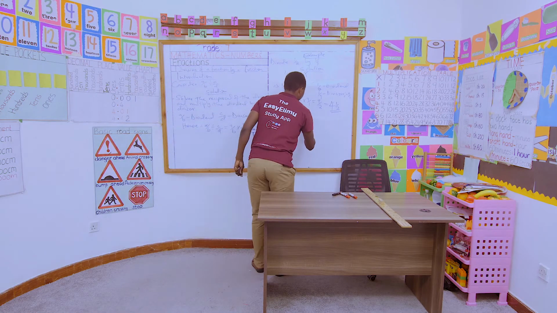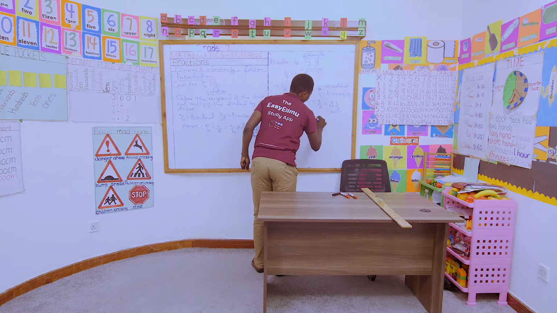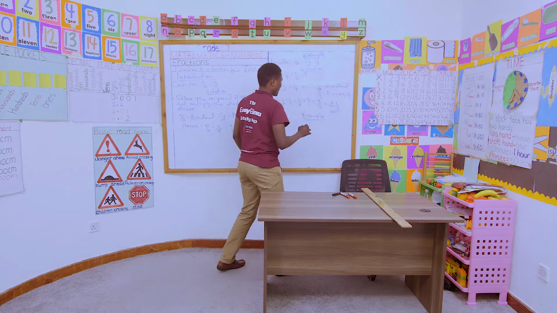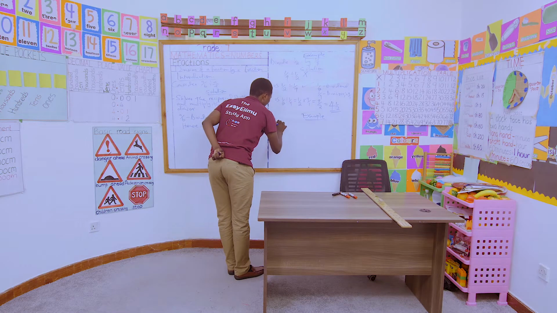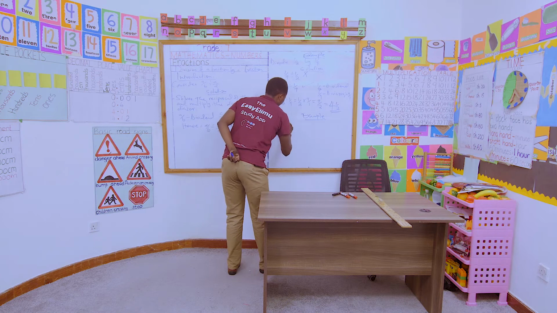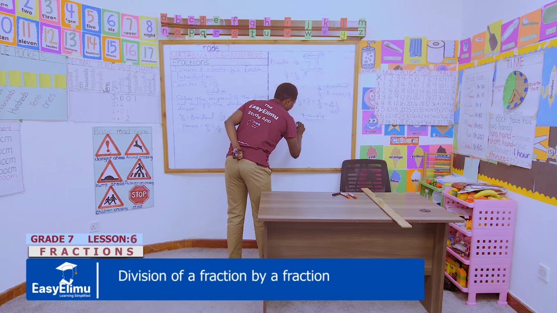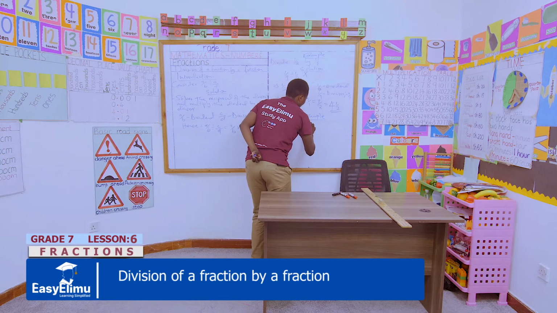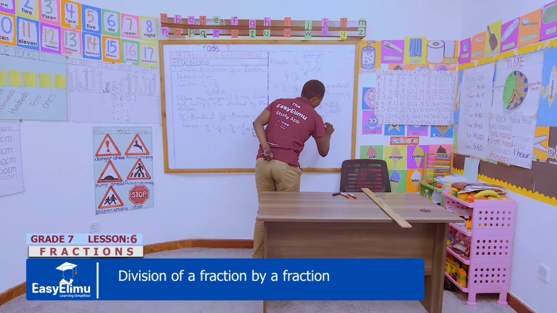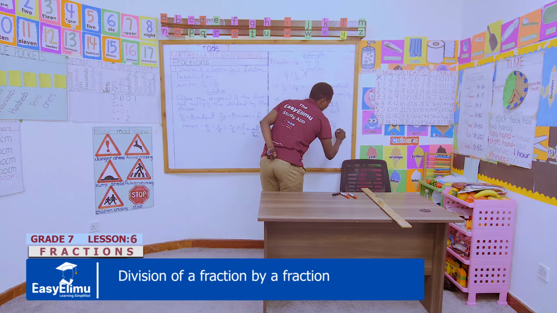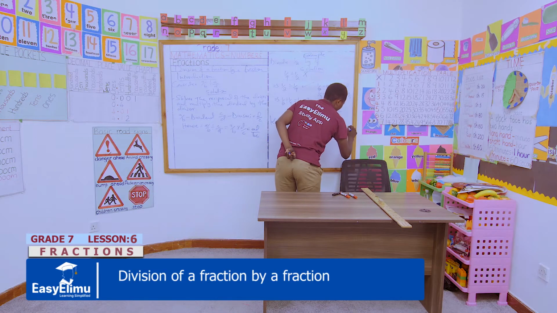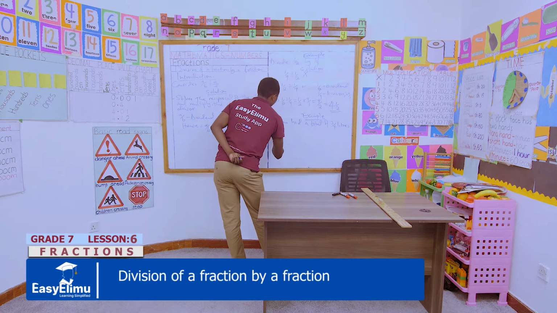Another example. Kamau had a total of 3/4 liters of milk.